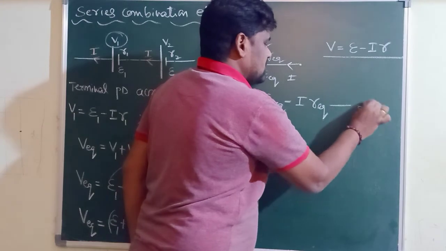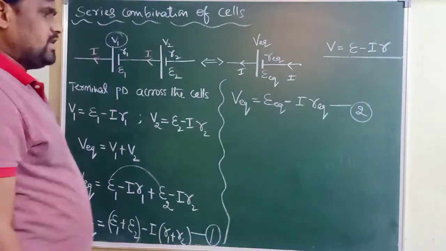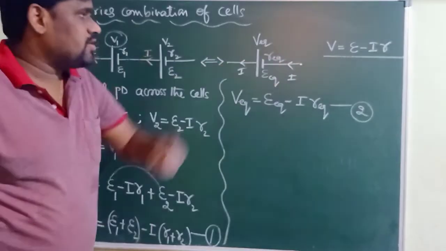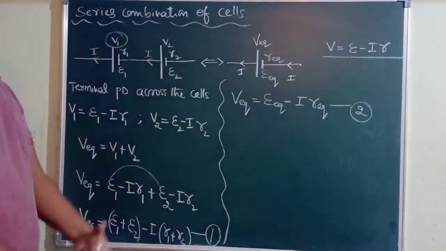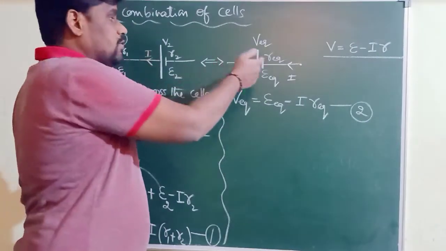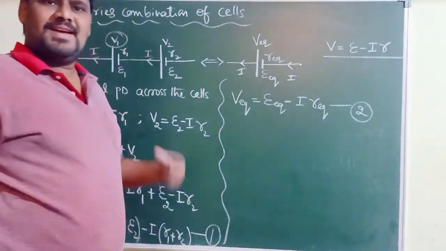I will call this equation number 2. It is called the terminal potential difference of an equivalent cell. What is the meaning of equivalent cell? Inside which two cells are connected in series.